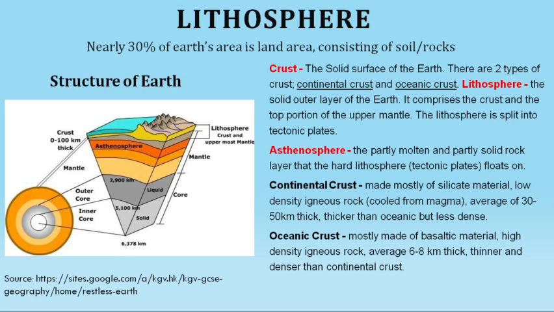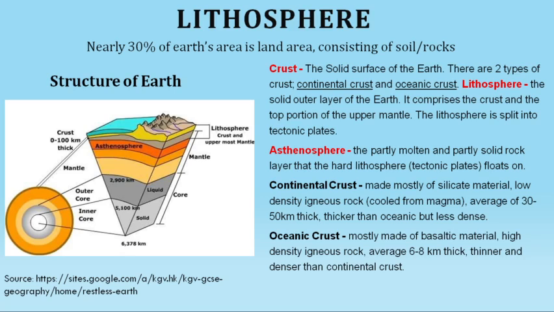The average thickness of this continental crust is from 30 to 50 kilometers, and these continental crusts are thicker than oceanic crust, but the density of continental crust is less compared to the oceanic crust. The oceanic crust is more dense compared to the continental crust.